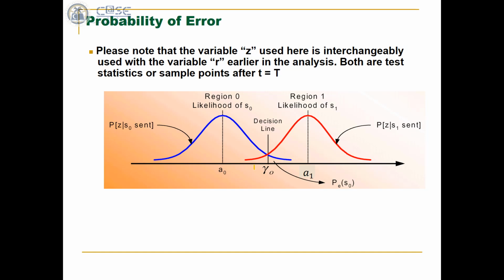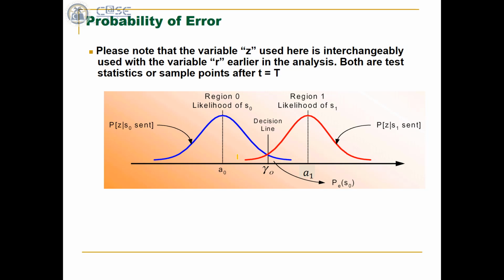Now if you compare the two likelihood PDFs, the value of the red PDF here is smaller than the value of the blue PDF there. For all those points below gamma naught, the likelihood probability indicated with red color, which is the likelihood of signal class S1, is smaller than the likelihood of signal class S0, right?